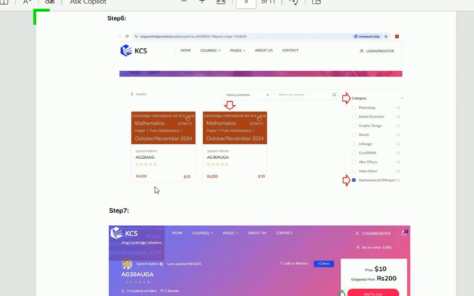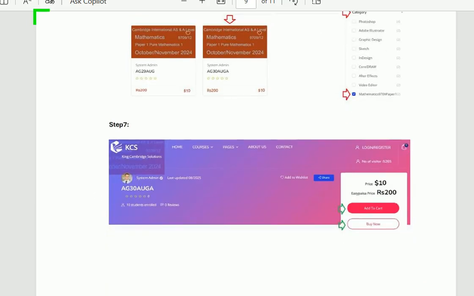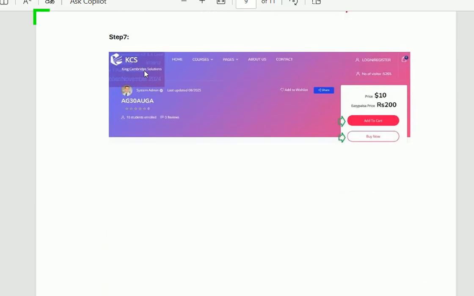When I click the course, I shall get this interface. First of all, you need to add it to the cart. After that, you will get a pop-up that the course is added to your cart. After that, you click on the buy now button.